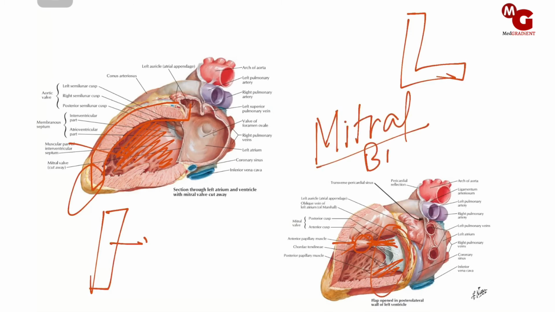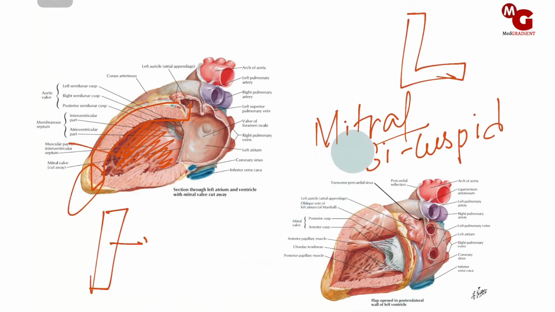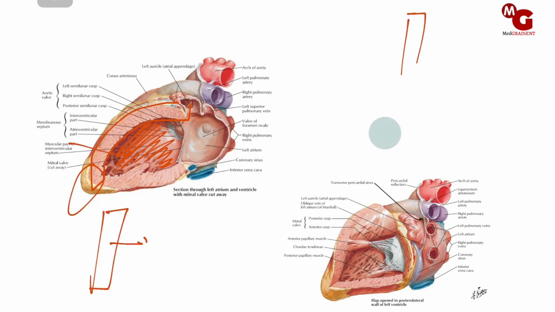Mitral or bicuspid means two cusps, right? So how many cusps are visible? I mean, how many locations can you see where you are able to find the localization of chordae tendineae? That's location number 1 and location number 2, right? So this is the way.